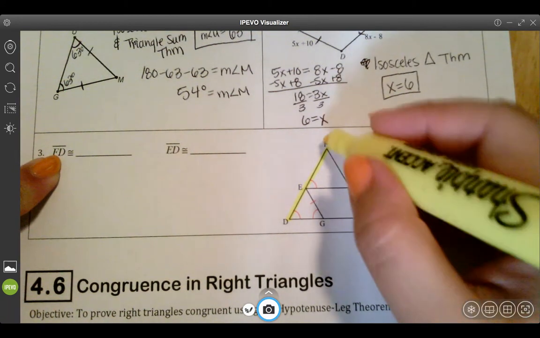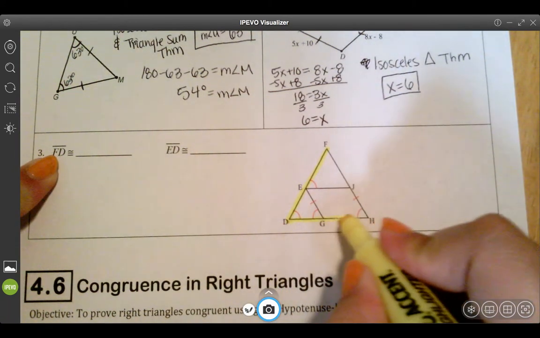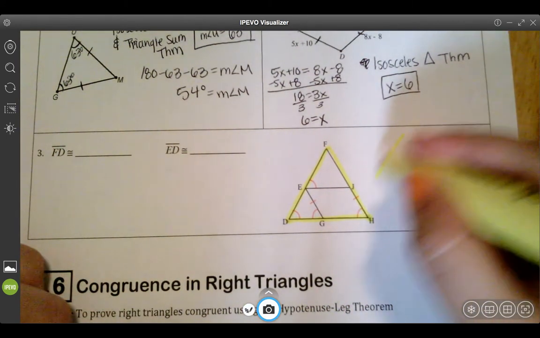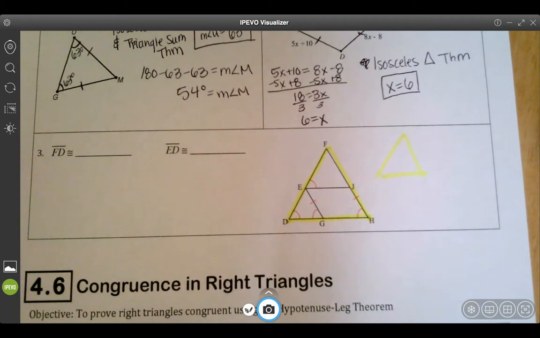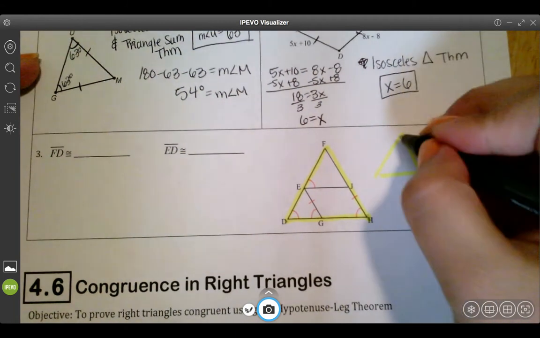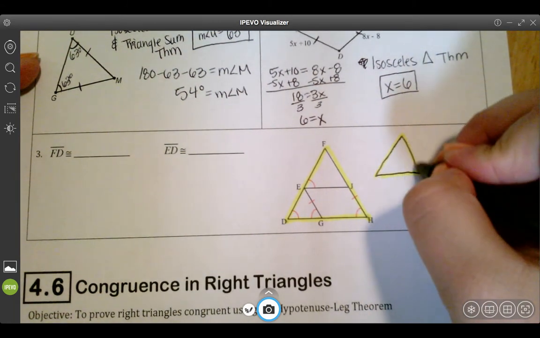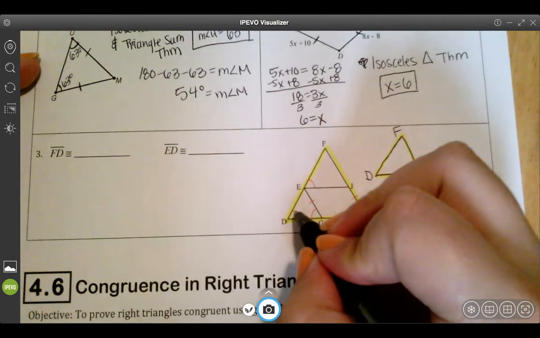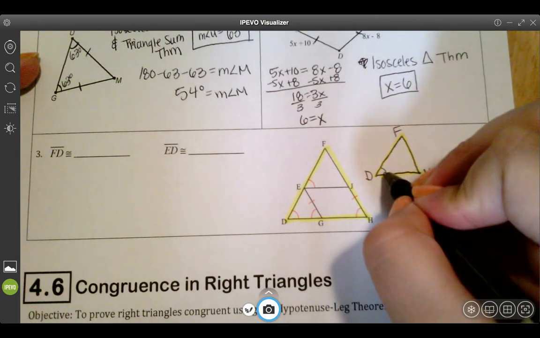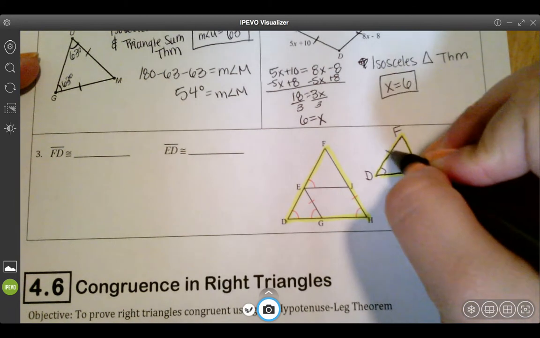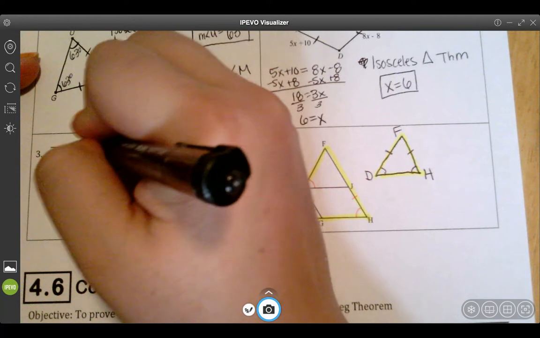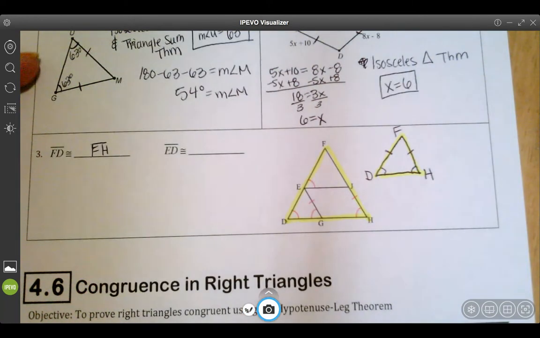FD, and what's the triangle that that's a part of? Well, that's this big triangle here. And so if I redraw that triangle, and I'll go over it in pen as well, we have F, D, H, and we have these congruence marks on angle D and H, which means segment FD is congruent to segment FH.